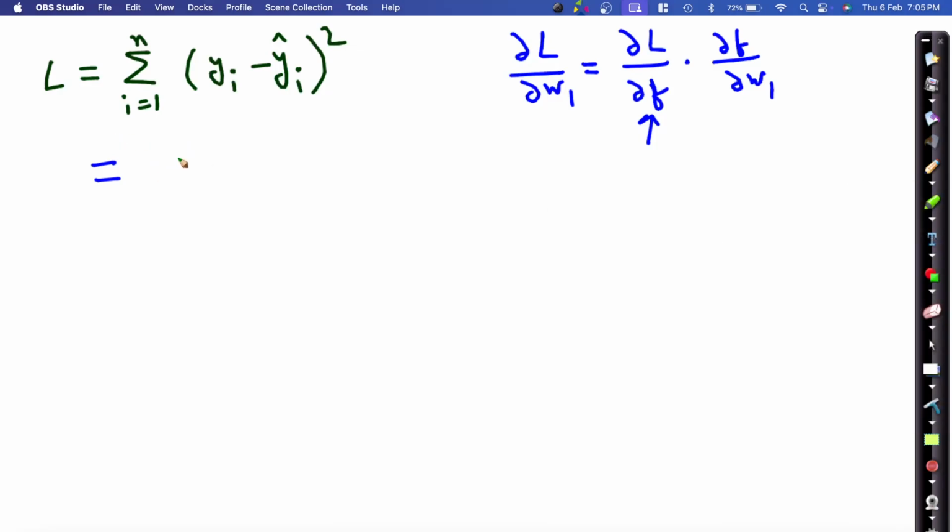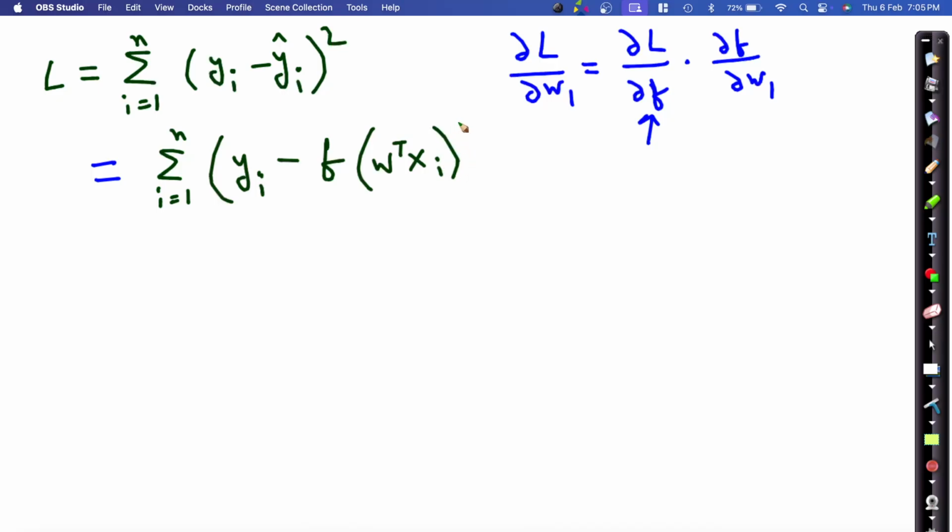It will be summation from i equals 1 to n of yi minus f of w transpose xi, whole square. This is nothing but the same thing. Yi hat is nothing but f of w transpose xi, where in the case of the perceptron, f was an identity function. Here also, for linear regression, f is an identity function.